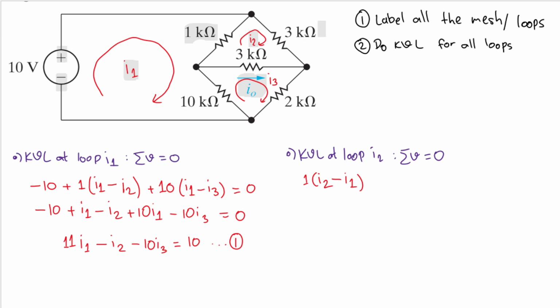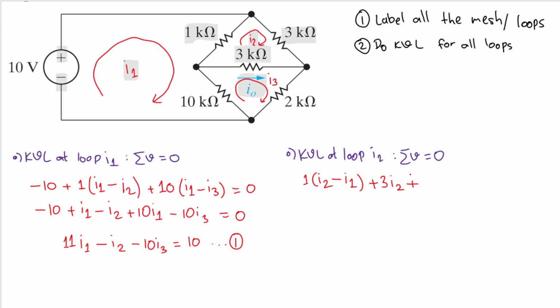Good, we are done for this 1 kilo ohm resistor. Now let's move on to this 3 kilo ohm resistor. So we'll have 3. Again, because we are working on I2, we multiply it by I2, and that is the only current that passes through this 3 kilo ohm. Then we have another 3 kilo ohm resistor, this one, not that one.